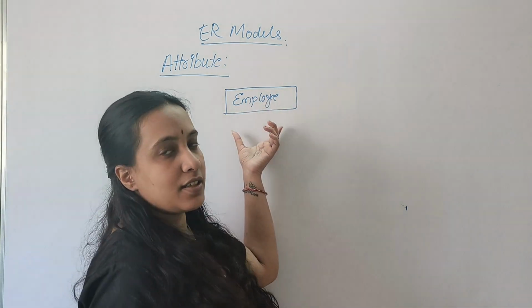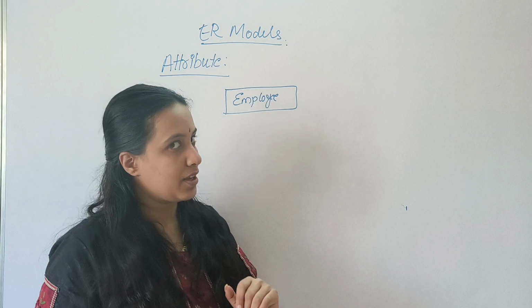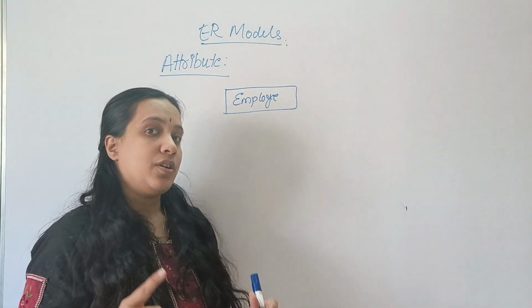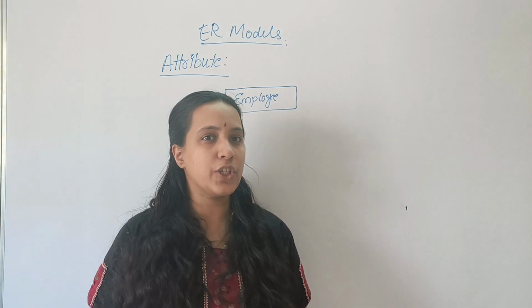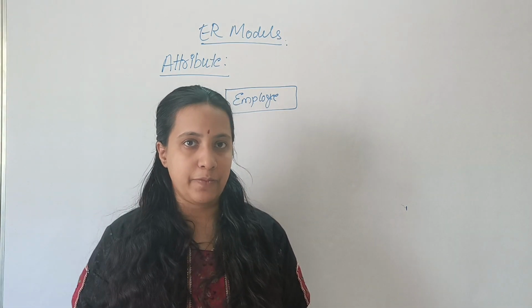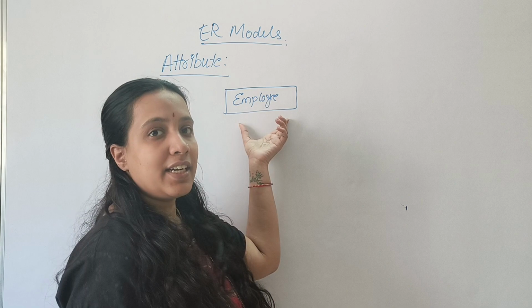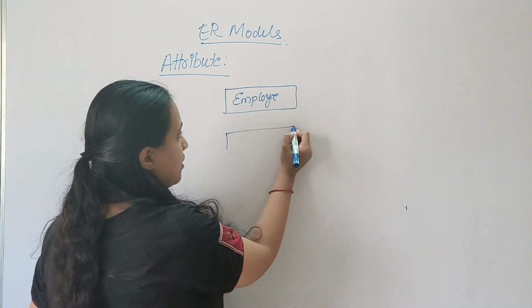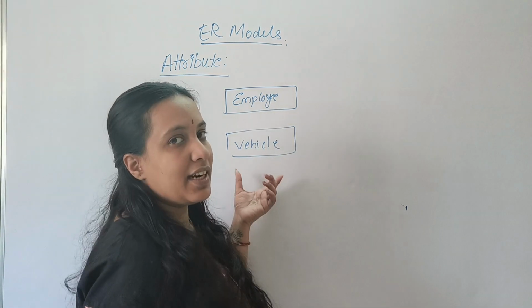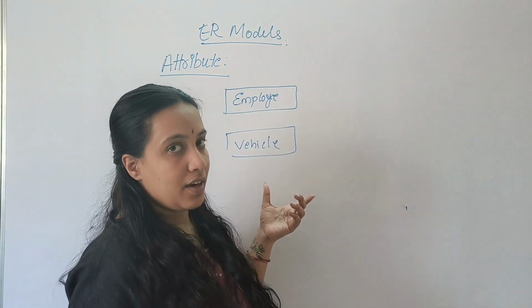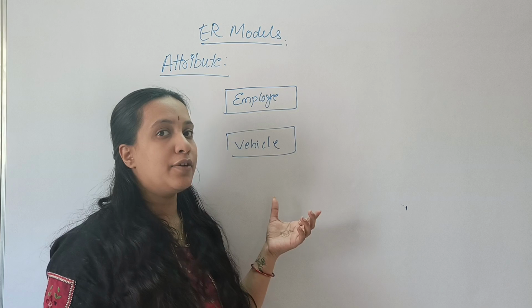Let me consider the entity employee. What is that particular thing which distinguishes two different entities? This is an entity employee and this is an entity vehicle. Now, how can I tell these two are different?